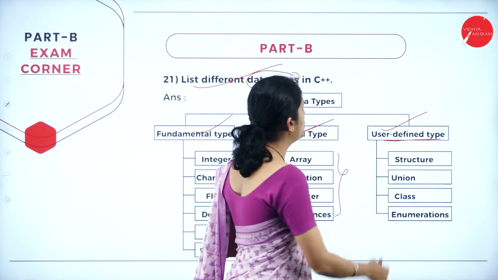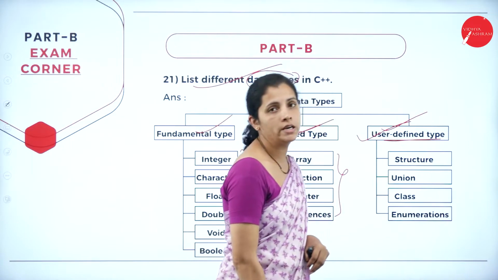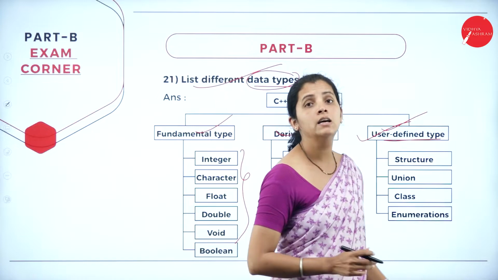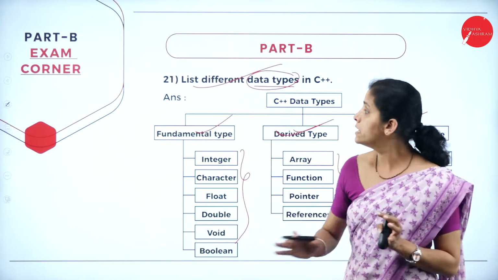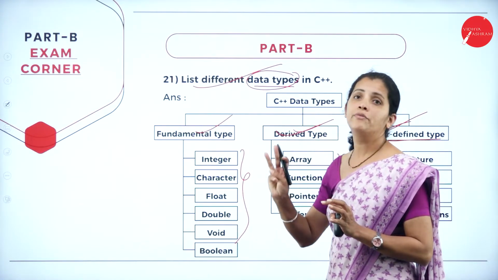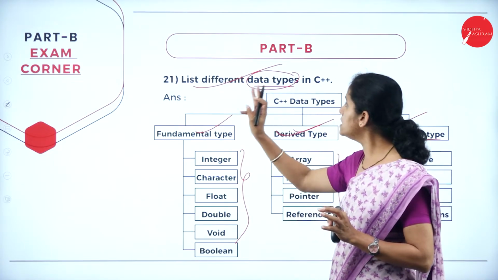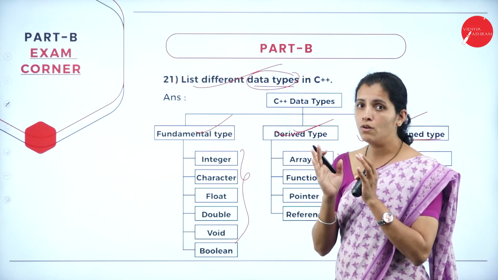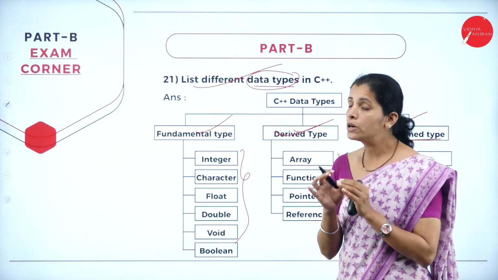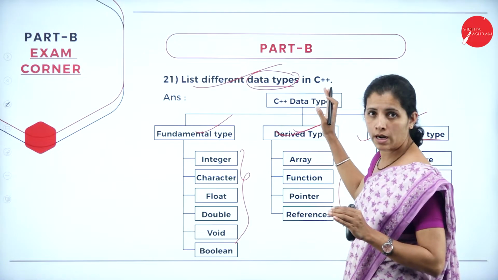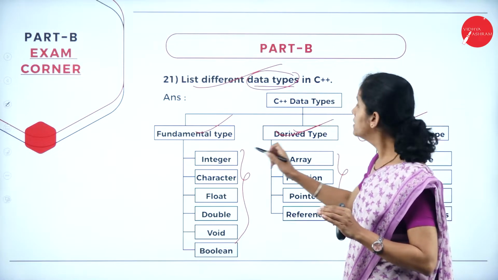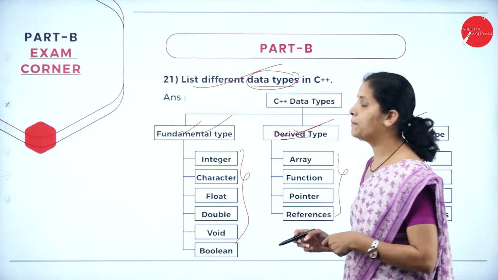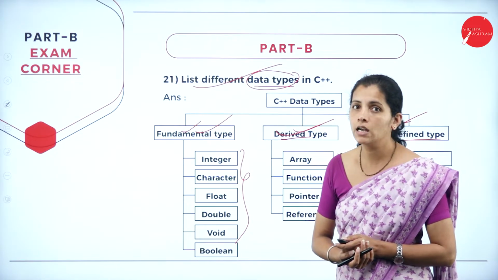Along with that, I want to define what is user defined data type, along with different types of user defined data types. But here the question is only for 2 marks, that is list different data types. So the different types of data types supported by the C++ programming language are fundamental data type, derived data type and user-defined data type.